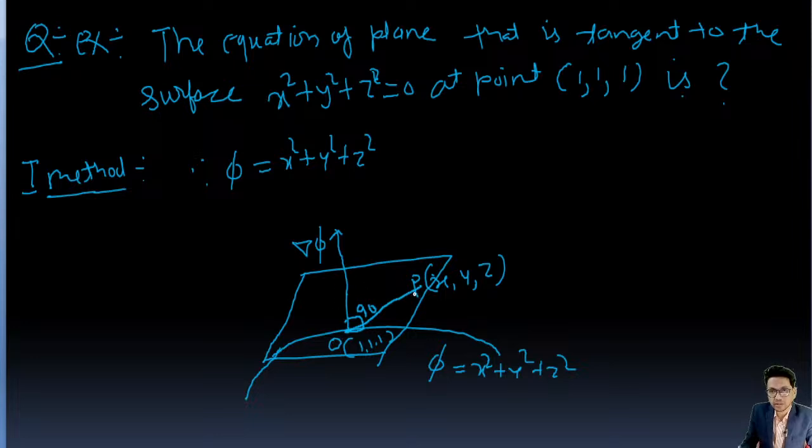We can say this is OP, and this is OQ. Because this angle is 90, it means vector OP dot vector OQ.